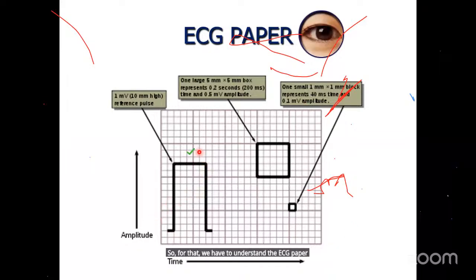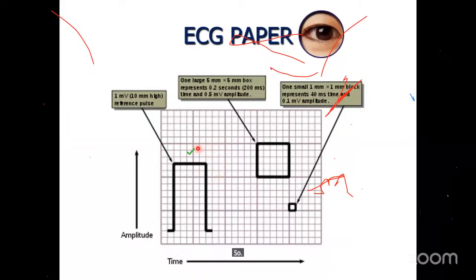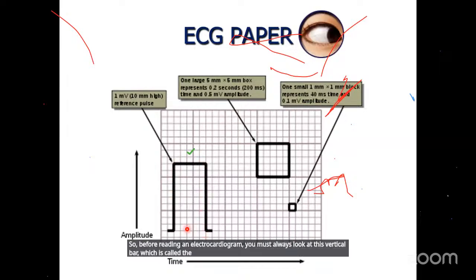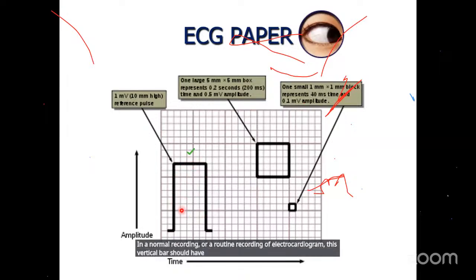The ECG paper has small squares and big squares. There are five small squares arranged horizontally as well as vertically inside each one of your big squares. Before reading an electrocardiogram, you must always look at this vertical bar, which is called the standardization. In a routine recording of an electrocardiogram, this vertical bar should have 10 small squares, or 2 big squares, inside.